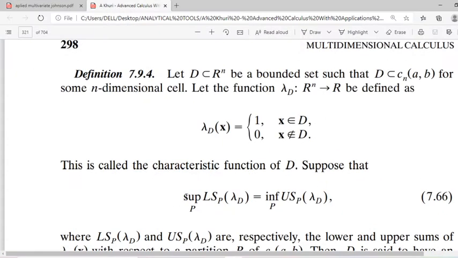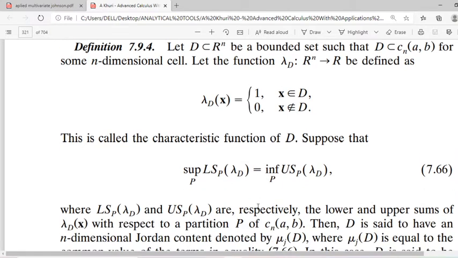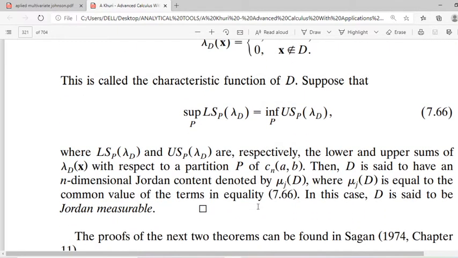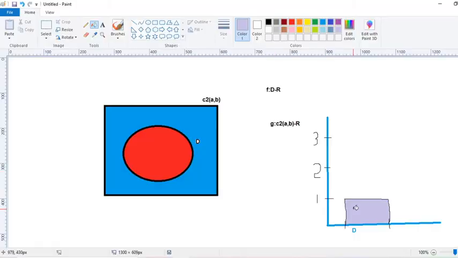So we can write this equation: supremum of L(S,P) lambda D equals infimum of U(S,P) lambda D. Whatever the partition, the lower sum and upper sum will be the same. For example, we can partition like this.